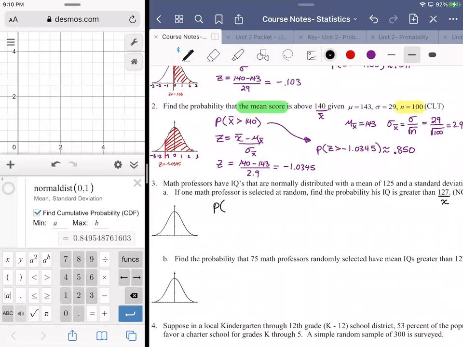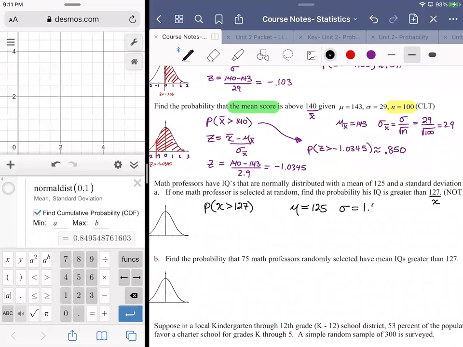So ultimately the question is, find the probability that X is greater than 127. And we know that mu is equal to 125 and sigma is equal to 1.2. We know that Z is equal to (X minus mu) over sigma, which in this case would correspond to (127 minus 125) over 1.2.